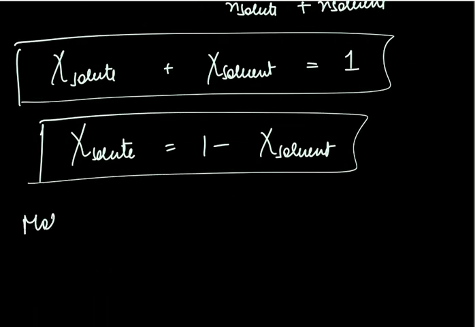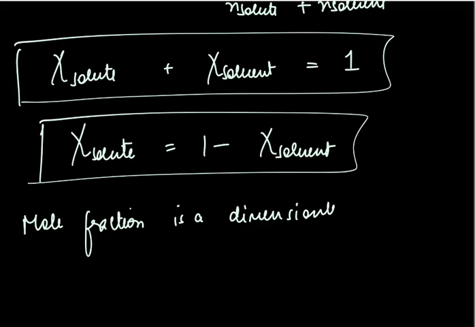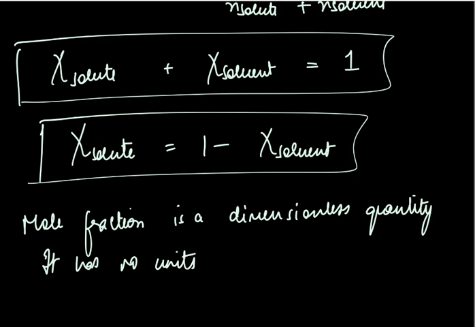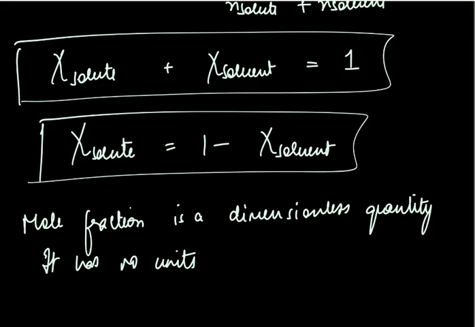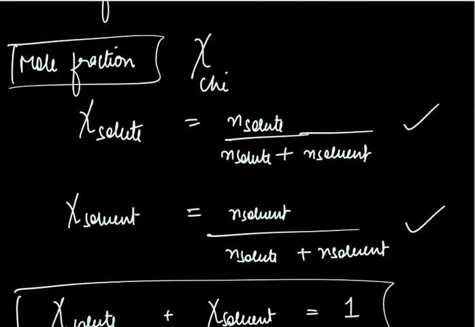Then we even say mole fraction is a dimensionless quantity. It has no units. So if you see the number of moles of solute and the number of moles of the solvent, both are moles only, right?